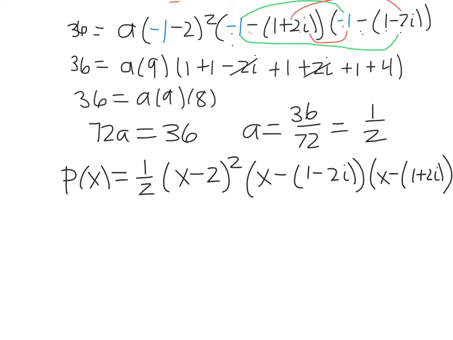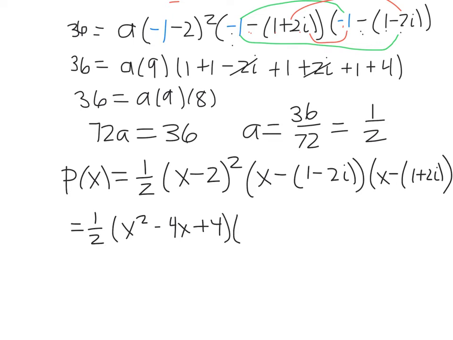Now we want to multiply this out so it's in our sort of general polynomial form. This looks really messy, but this is going to simplify out pretty nicely. Let's leave the 1/2 out in front. Let's multiply the x minus 2 times x minus 2. That's going to be x squared minus 4x plus 4.